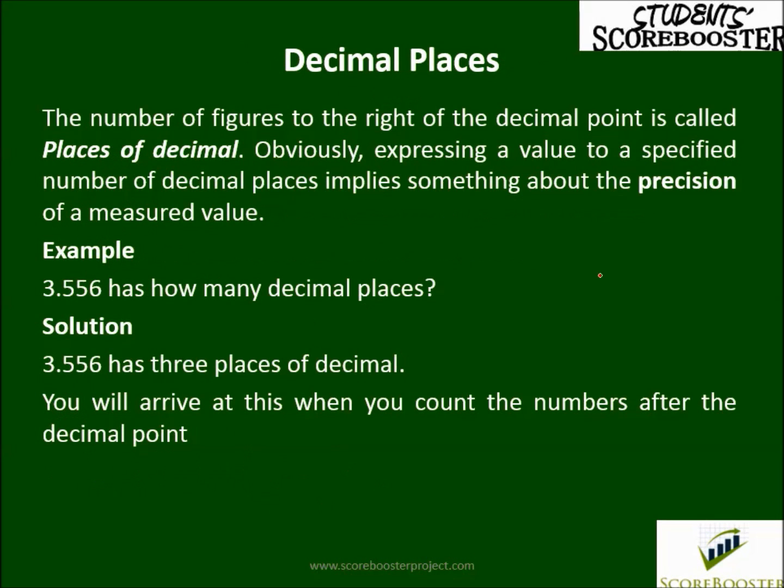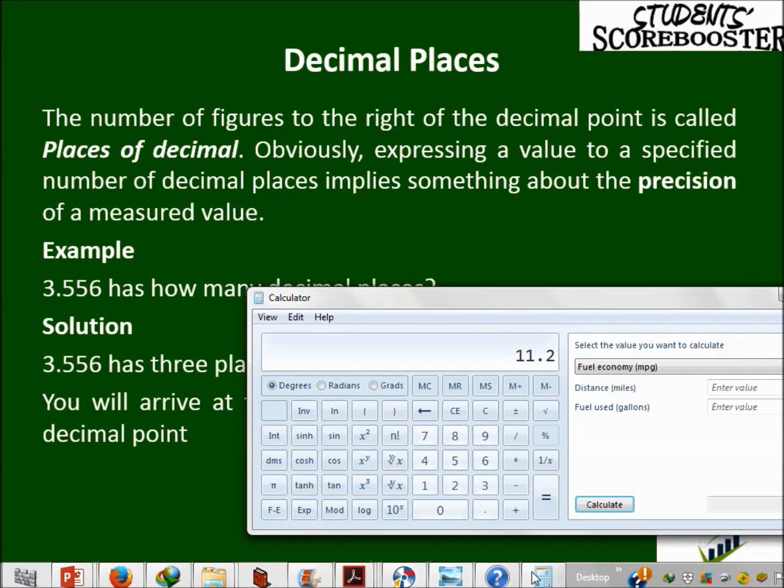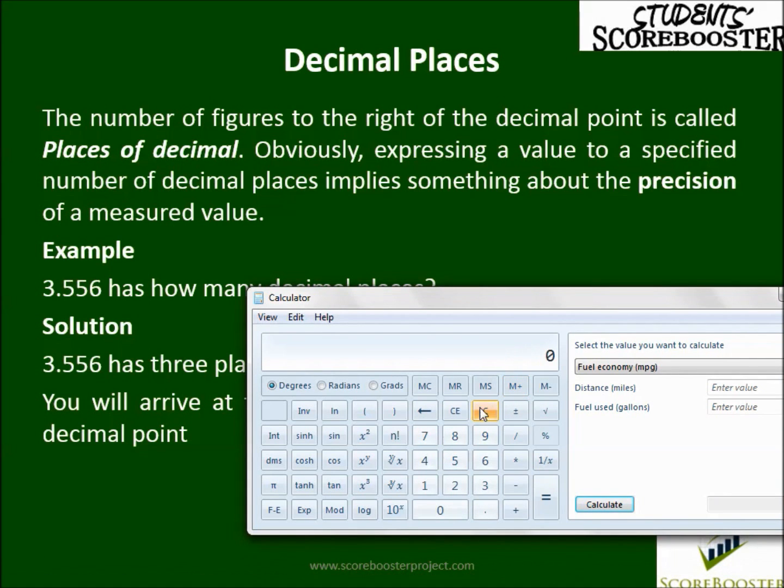So now, decimal places. The number of figures to the right of the decimal point is called places of decimal. Expressing a value to a specified number of decimal places implies something about the precision of the measured value. Take for instance 1/3, which is 0.3333.